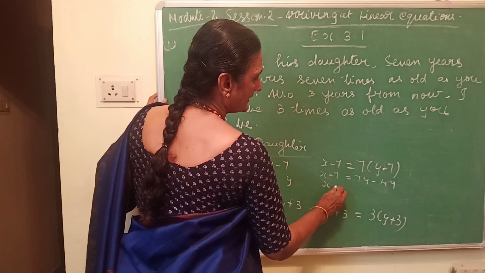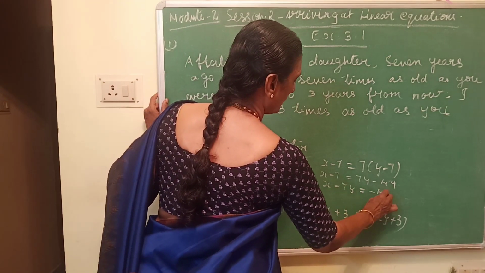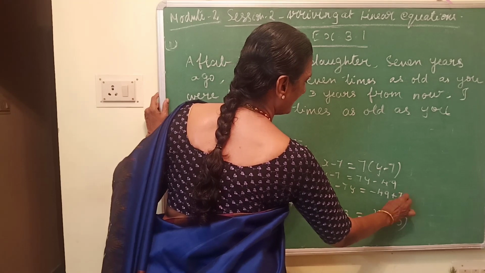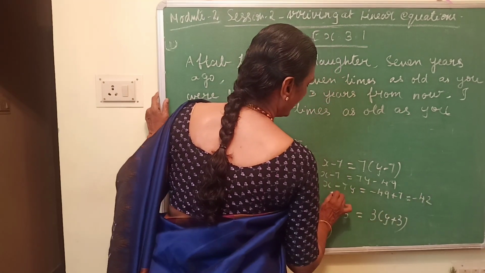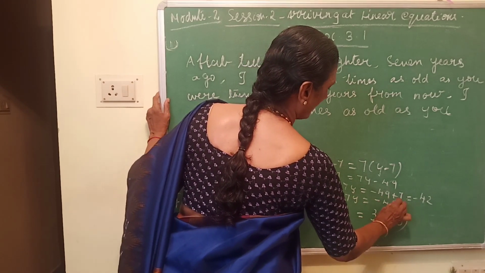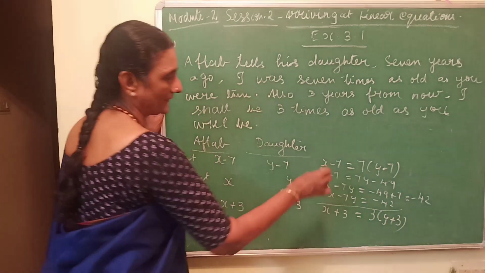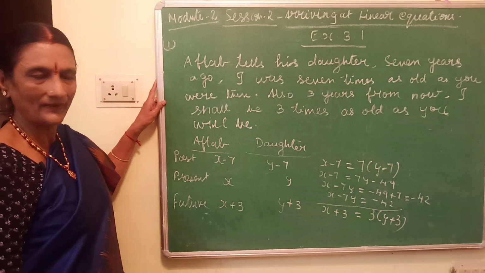You will get X minus 7Y is equal to minus 49 plus 7, which is giving you minus 42. So X minus 7Y is equal to minus 42 is equation 1. Are you understanding?